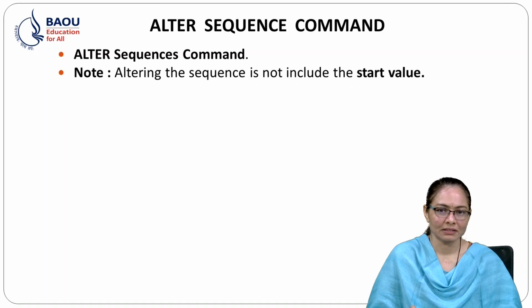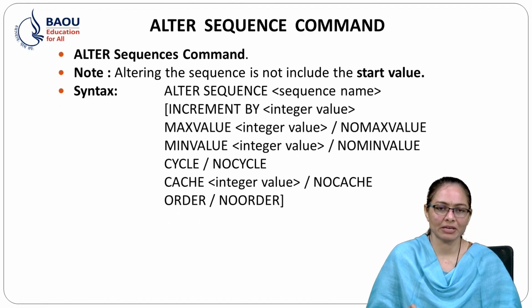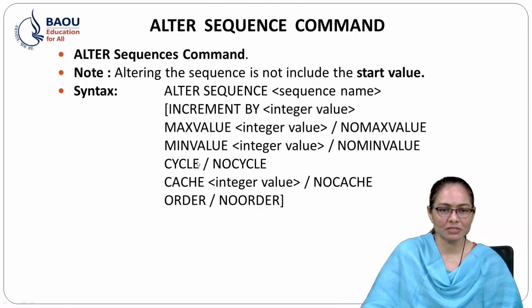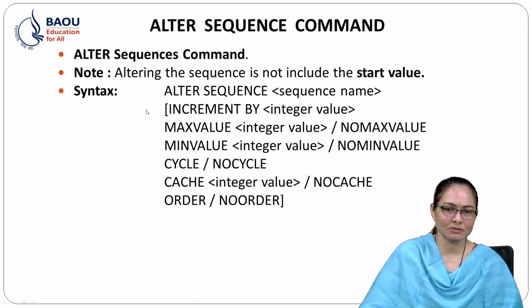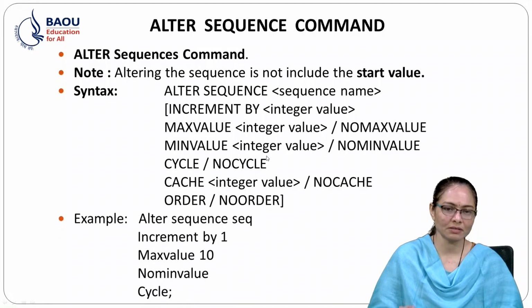When you alter a sequence, the start value is not mentioned. All other options you can include, but the starting value option is not included. This is the syntax of alter sequence. After the sequence is created: alter sequence, sequence name, and all other options as they are, without the start value.